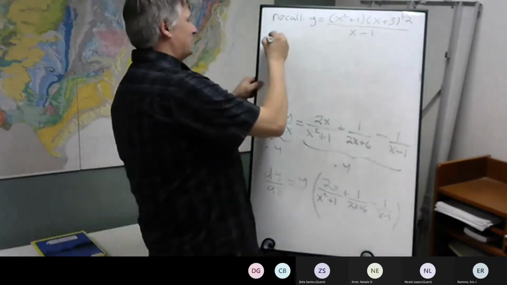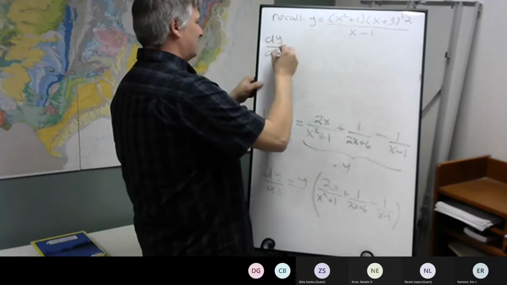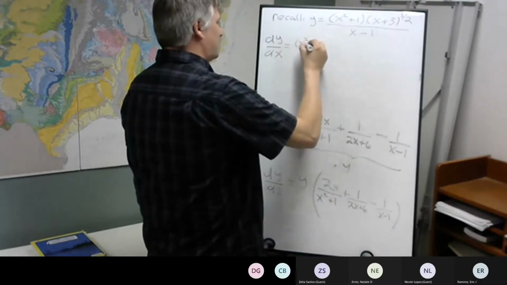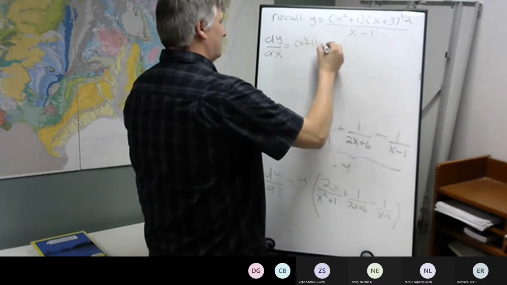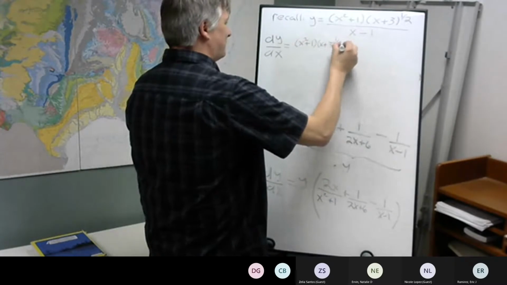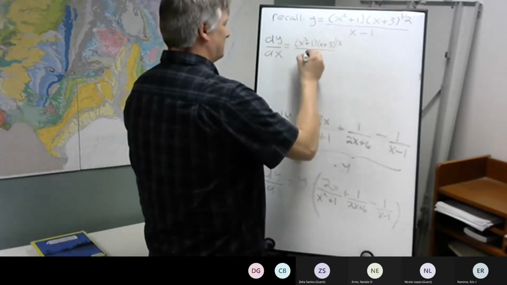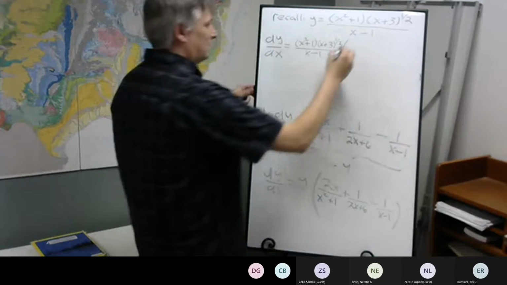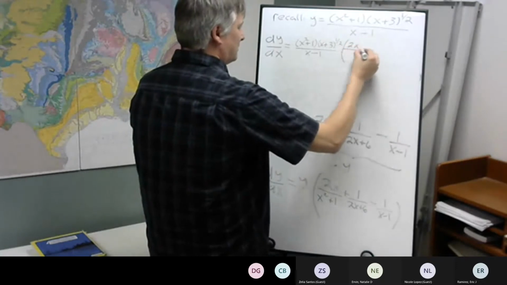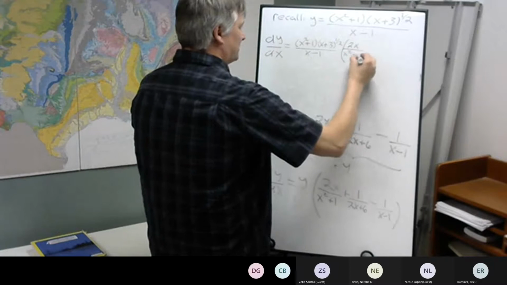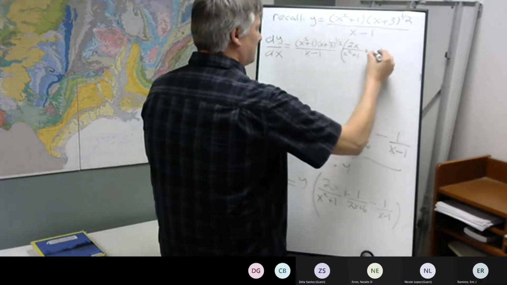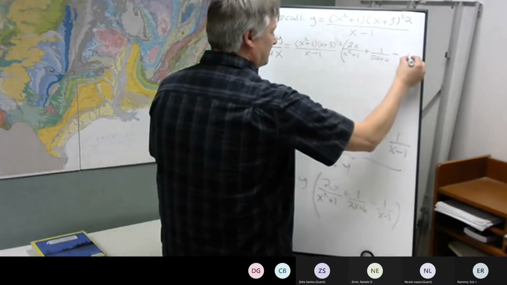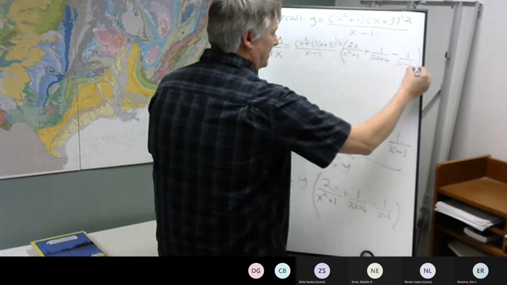So dy dx, I'll squeeze this in here. x squared plus 1 times x plus 3 to the 1/2 over x minus 1 times 2x over x squared plus 1 plus 1 over 2x plus 6 minus 1 over x minus 1.